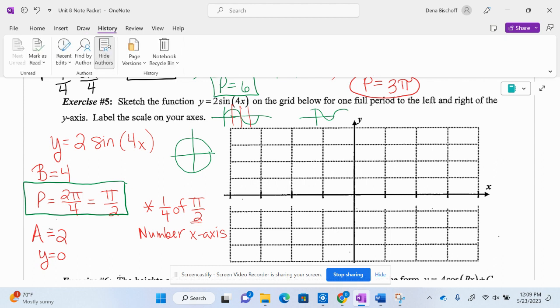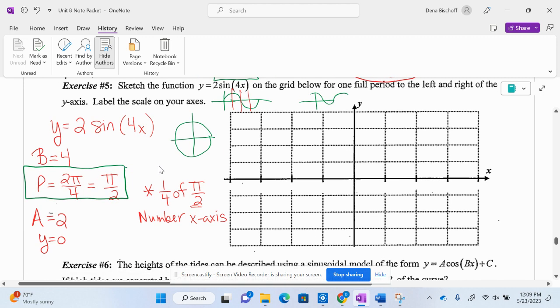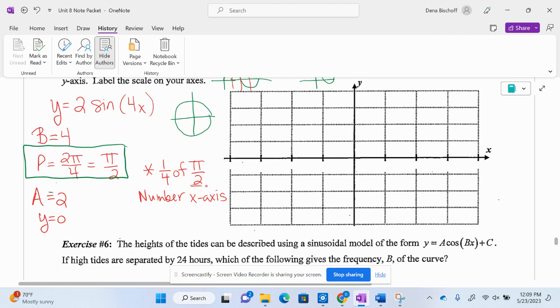What is 1/4 of pi over 2? Well, of means multiply. So 1 times pi is pi, and 4 times 2 is 8. So we're going to start at 0, and our first position is going to be pi over 8.